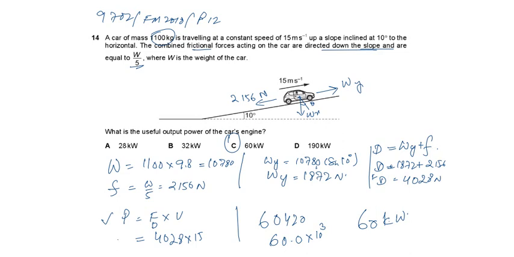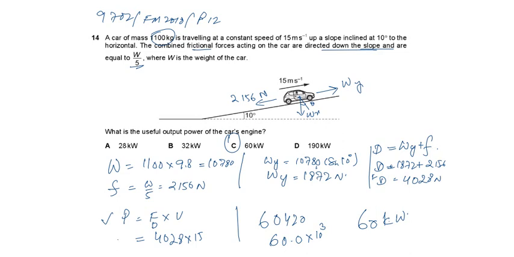So what is the catch in it? The problem is the formula. Whenever we have a constant speed and need to find the power, the formula is force times speed. So what is the force here? The force is the driving force, which is actually used to overcome the weight component and the frictional force of the body.